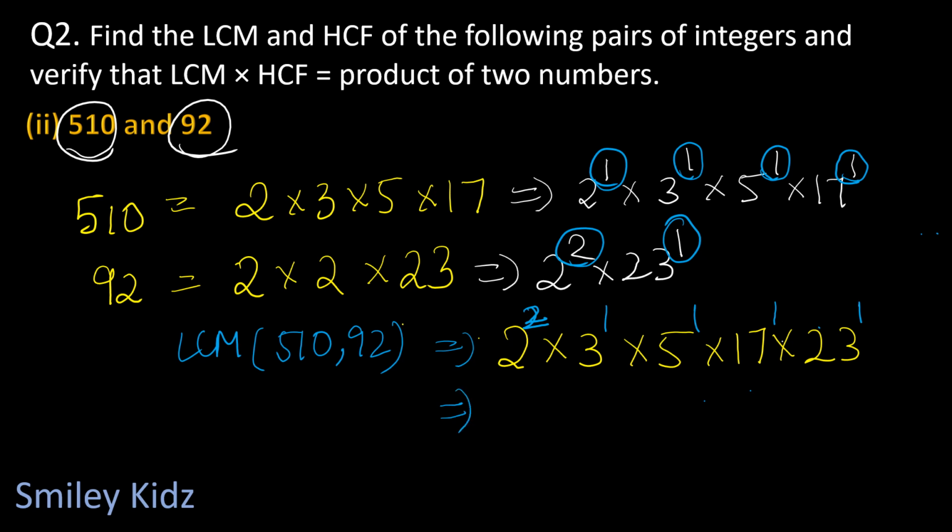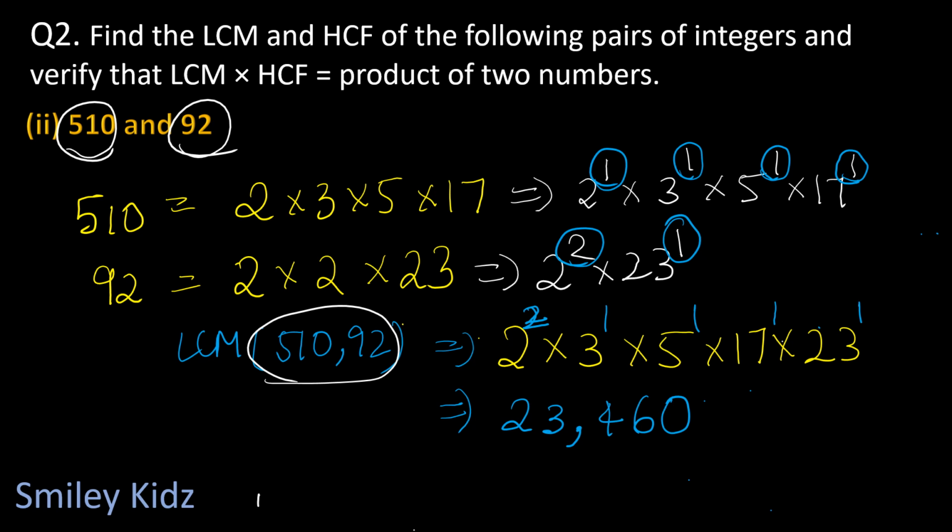Now what is this all equal to? 2 square times 3 times 5 times 17 times 23. It is equal to a vast number, 23,460. Wait, this is the LCM of 510 and 92. We are yet to find out the HCF of it. HCF will be the product of the least powers of the common factors, isn't it?